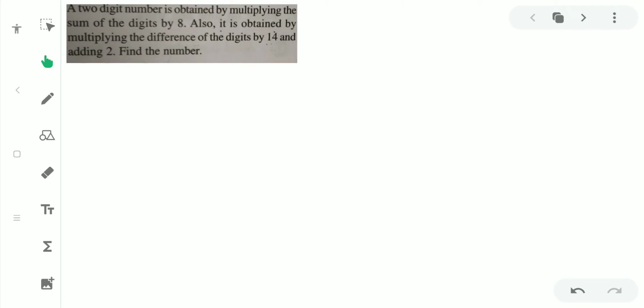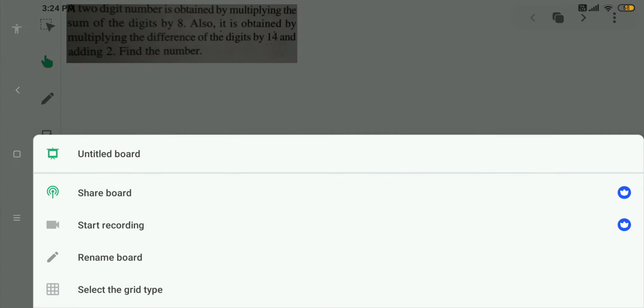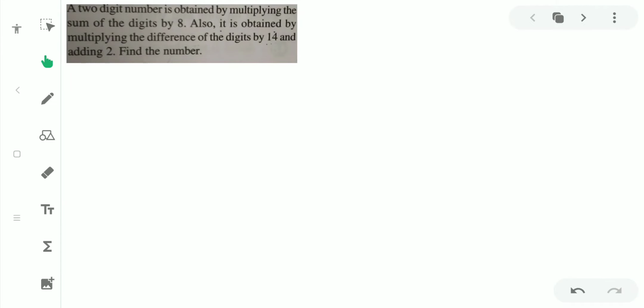So first, let us consider a 2-digit number. Here we should take the tens place digit and ones place digit in a certain way of assuming. Let me try to explain.